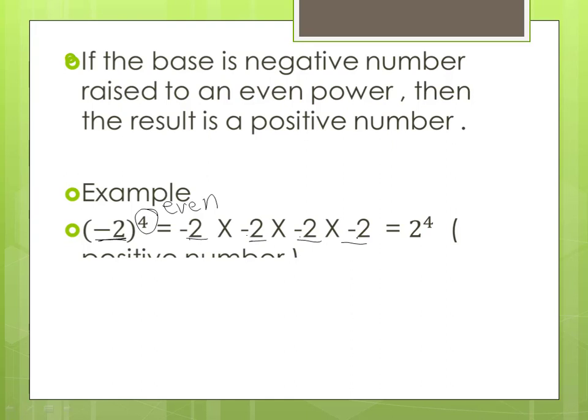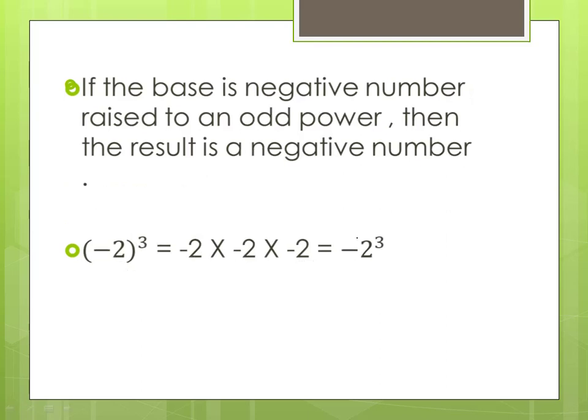So in even power, the result will always be positive. If the power is an odd number, such as 3, the power here is odd. So in odd power, we have negative times negative equals positive, positive times negative equals negative. So the answer is negative.